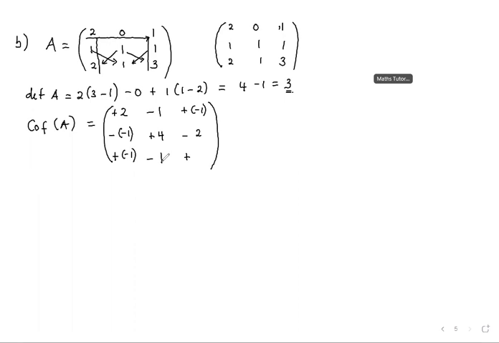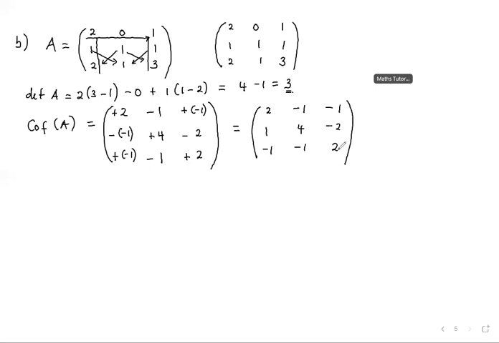And then you remove the third, you get 2 minus 0, that's 2. This can be written as 2, -1, -1, 1, 4, -2, -1, -1, 2.